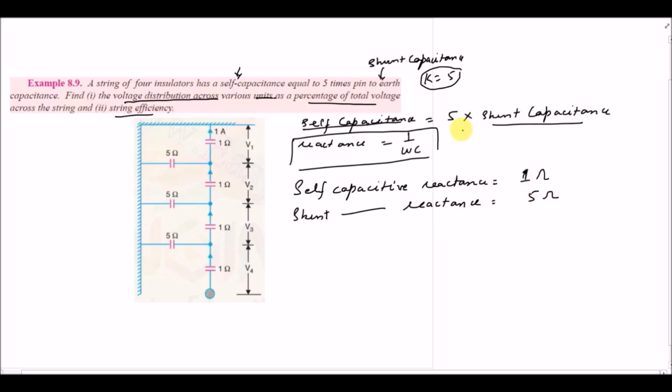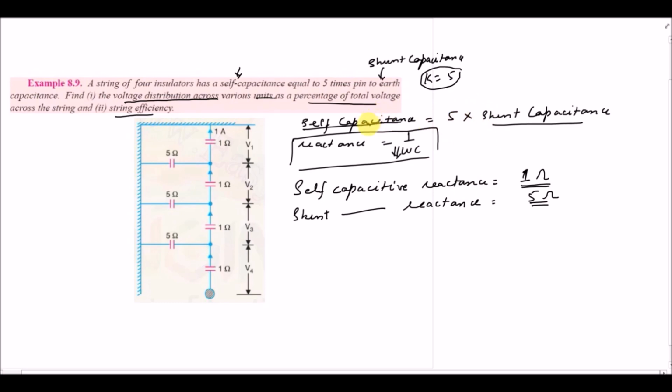Why? Because the shunt capacitance is 5 times smaller than the self capacitance. So if this value is 5 times smaller, then the reactance value will be 5 times larger than the self capacitive reactance. So I have assumed that the self capacitive reactance is 1 ohm, but the shunt capacitive reactance will be 5 times larger. I'm not talking about the capacitance.